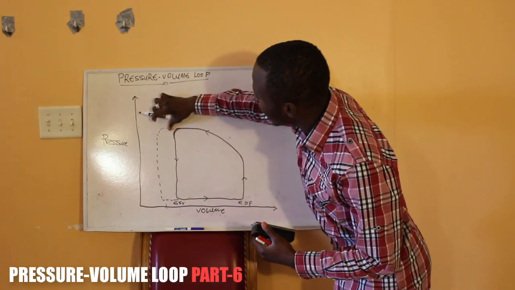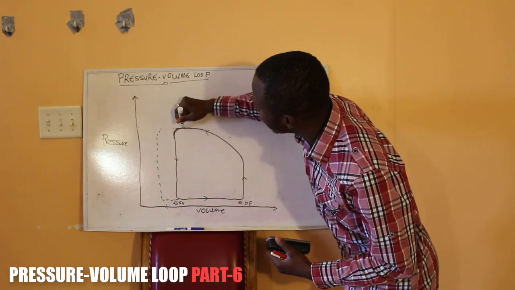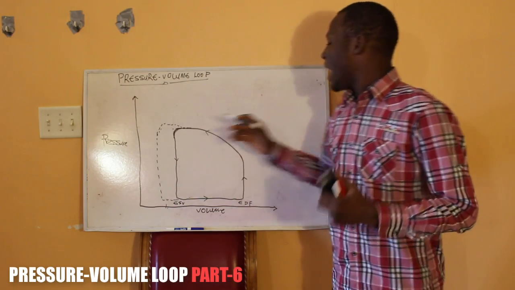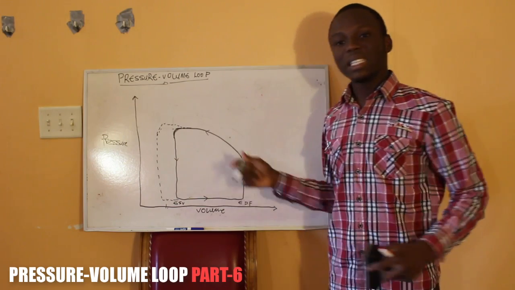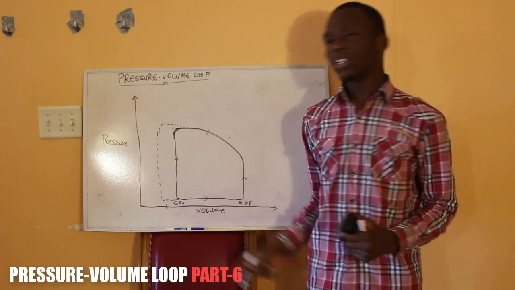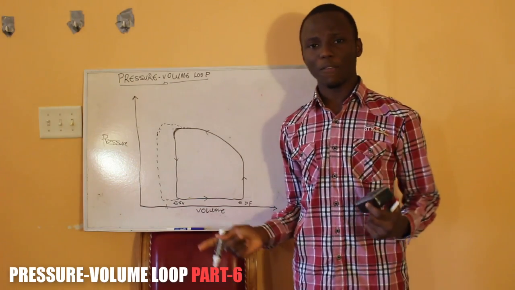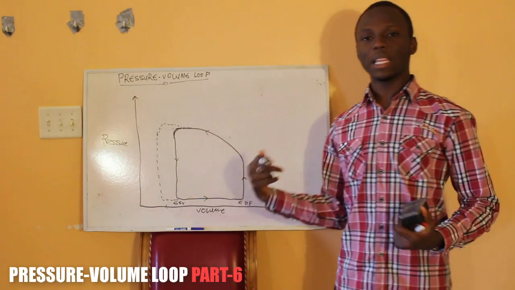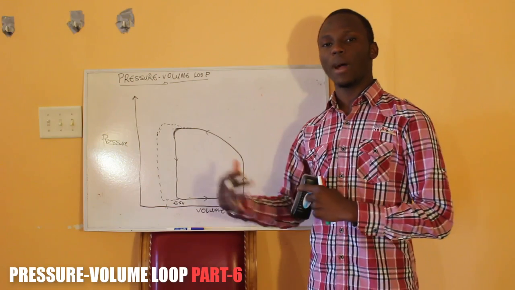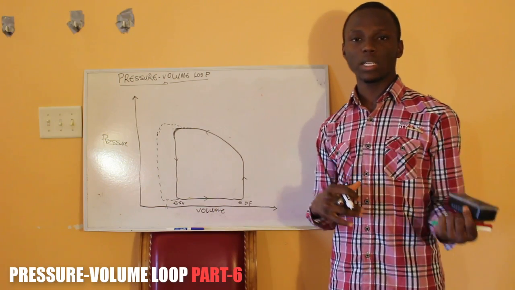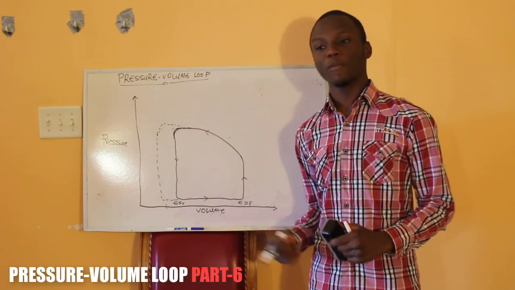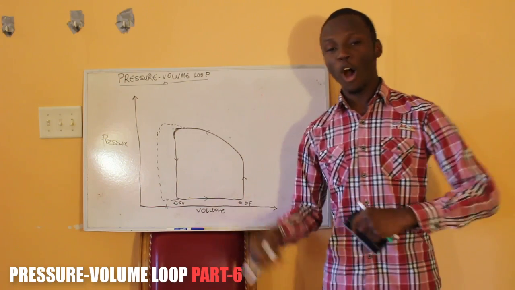It decreases the end systolic volume, right? You remember from our equation last time, we said stroke volume is the difference between our end diastolic volume and our end systolic volume. So a decrease in your end systolic volume will mean there will be an increase in your stroke volume.